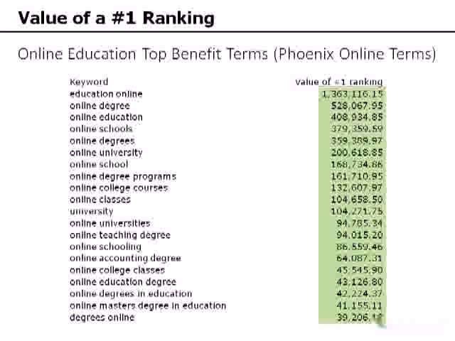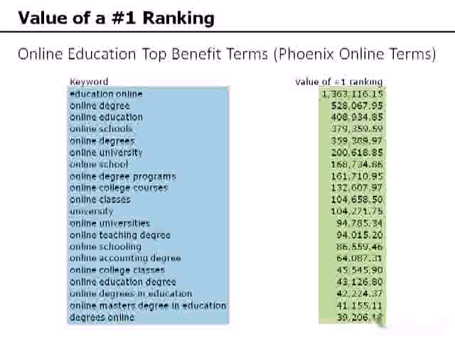And that's that value of a #1 search ranking. And then we start identifying, prioritizing those market defining keywords, and we can compare this to our opposition that we'll talk about in a minute.